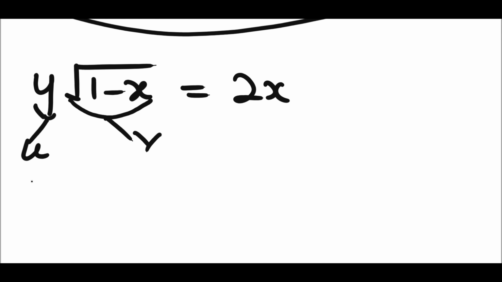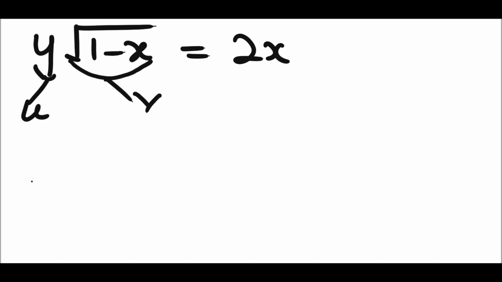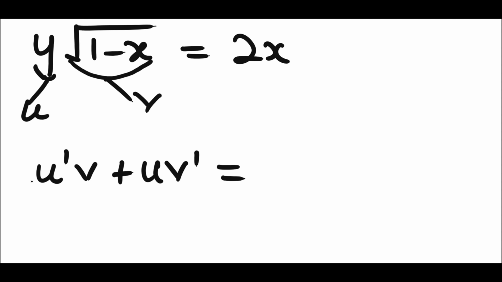Applying the product rule, we differentiate our u and maintain our v, plus we maintain our u and differentiate our v, all equal to, when you differentiate 2x with respect to x, 2.